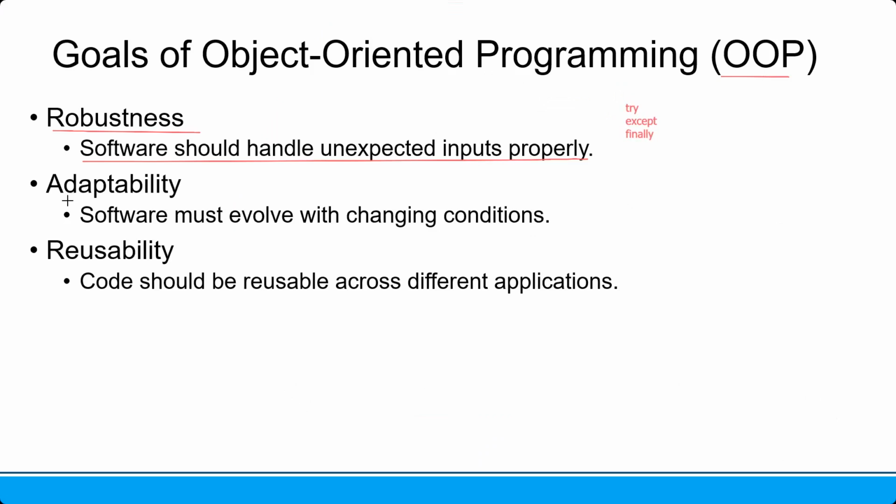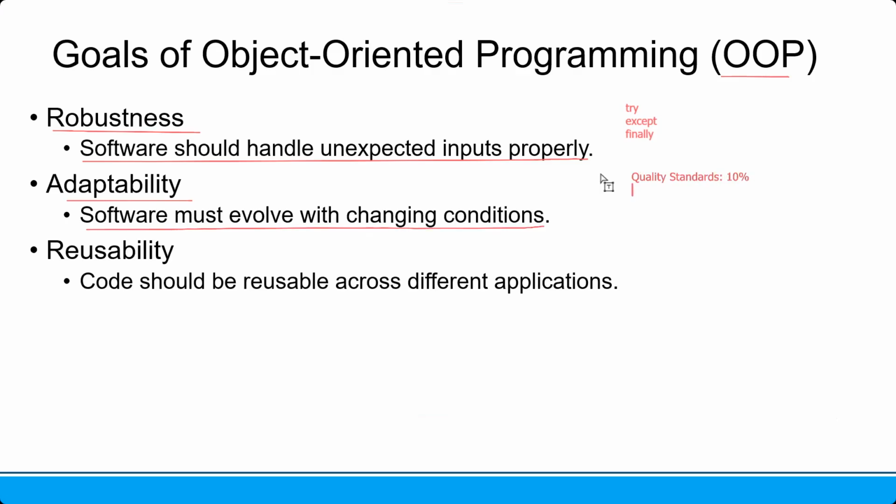And the other thing in the object oriented is about the adaptability. Software must evolve with changing conditions. Maybe now you have the standard, let's say the quality standard in the company. For now, the standard is less than 10% of the production.